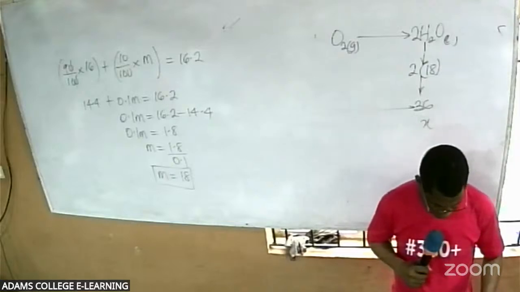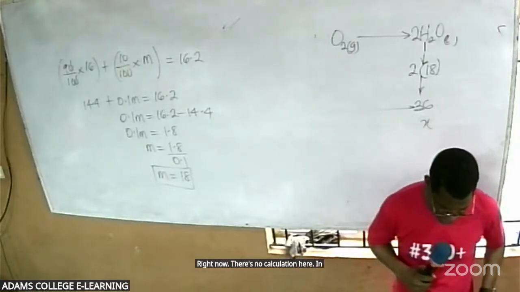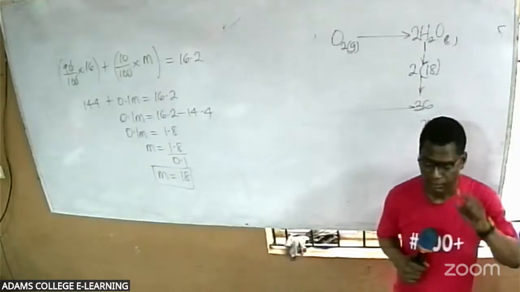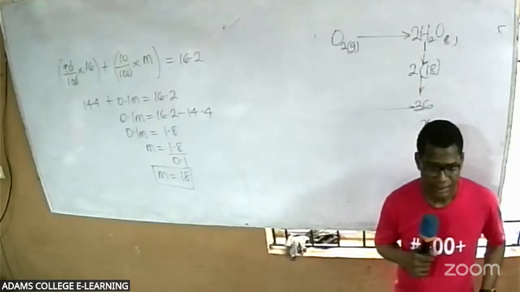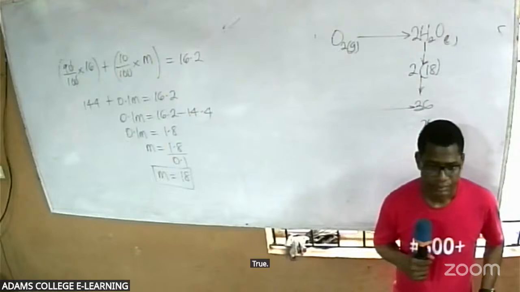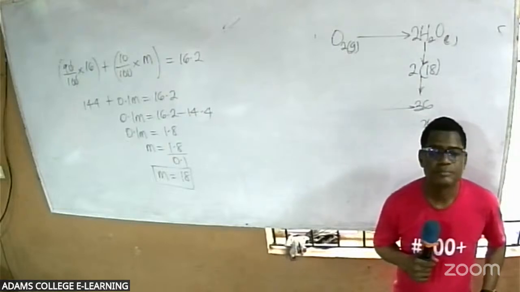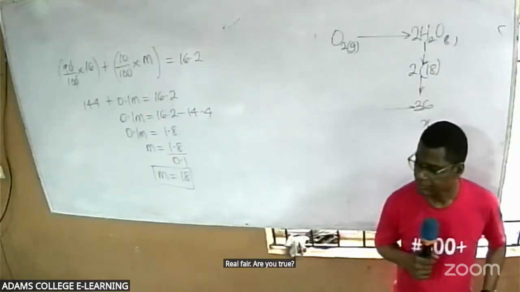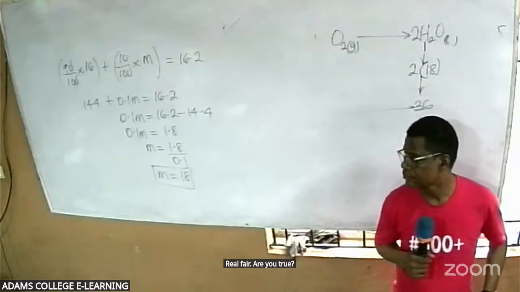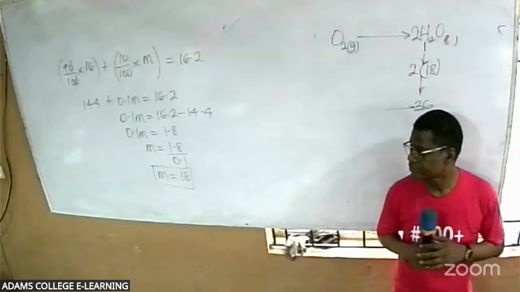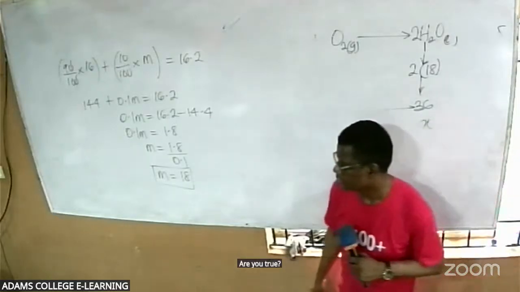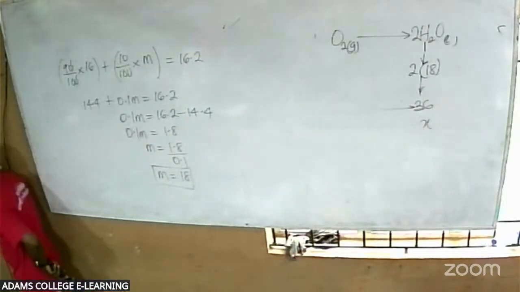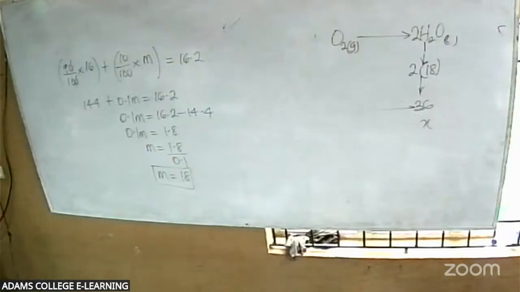True by now. There's no calculation here. In fact, there's no calculation at all. Ire, you are true. Oriofe, are you true? Okoro, are you true? Very true. Hello.